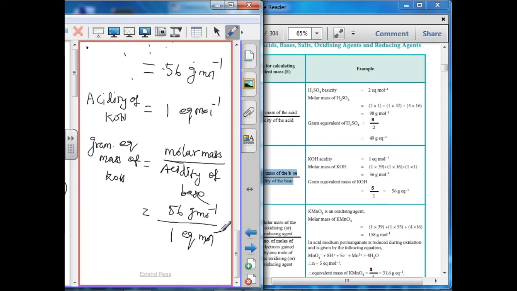So the mole cancels, and it is 56 gram equivalent inverse.